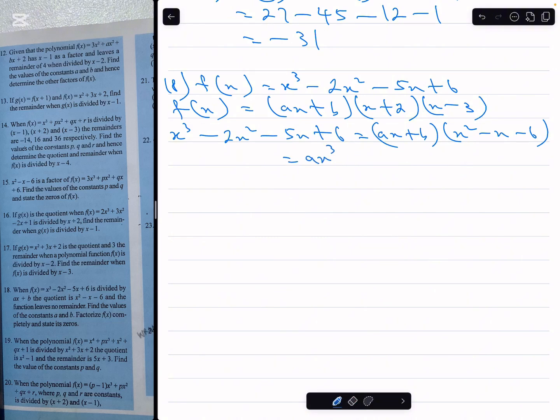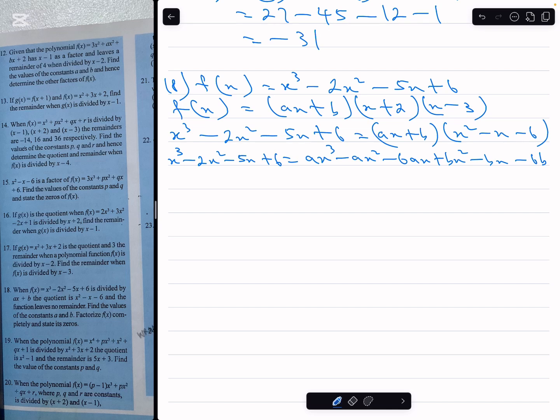That will be ax cubed minus ax squared minus 6ax plus bx squared minus bx minus 6b. So I can compare coefficients on both sides of the equation to find whatever unknown I need to find. X cubed minus 2x squared minus 5x plus 6 is equal to what's on the right hand side.